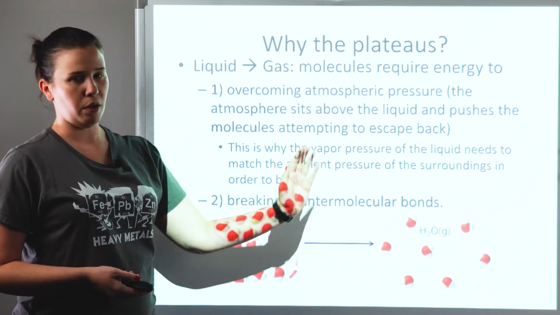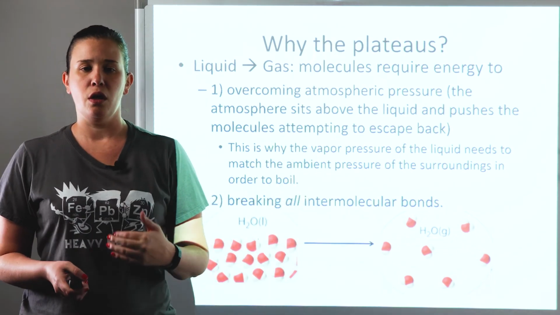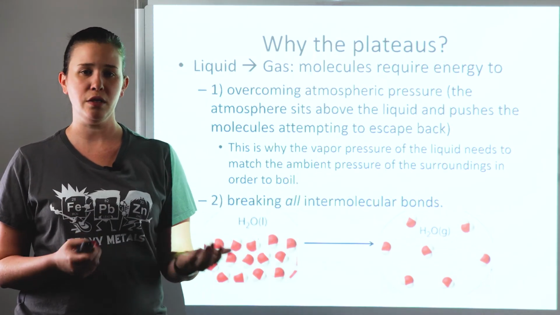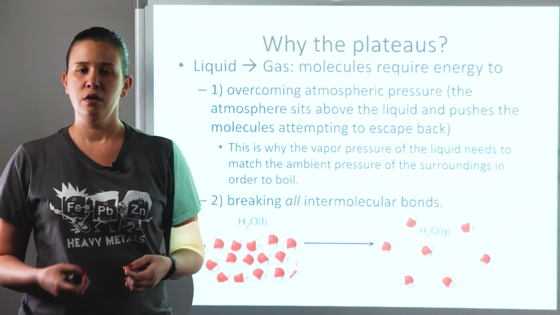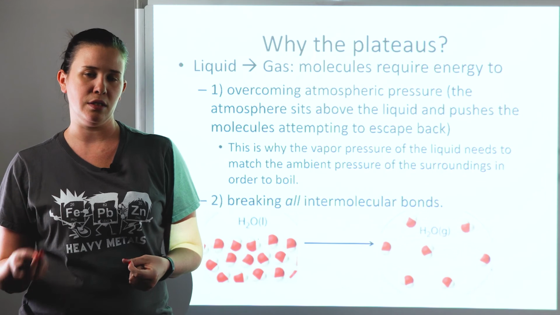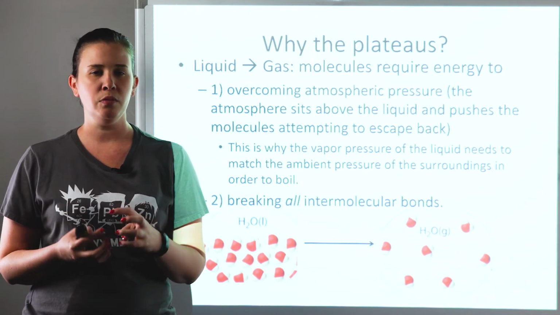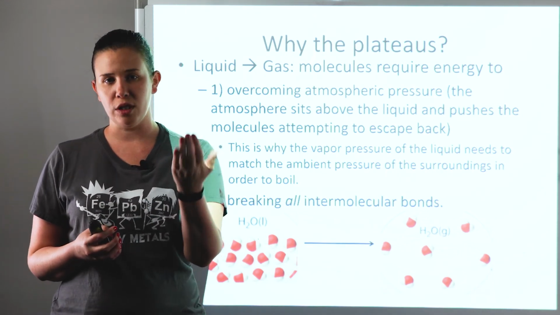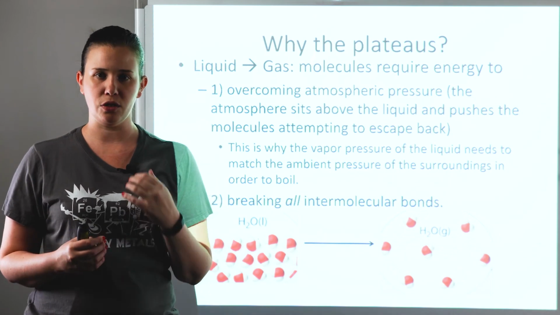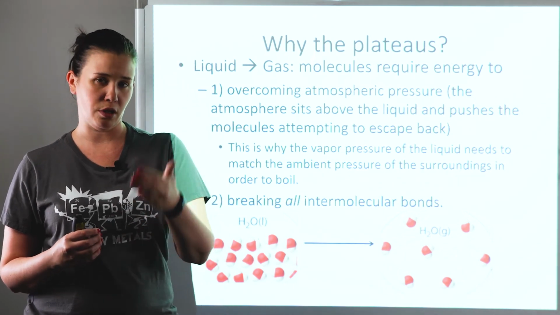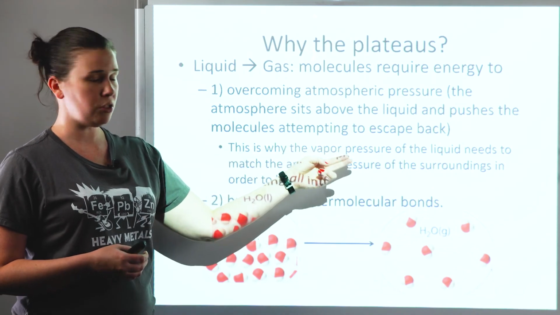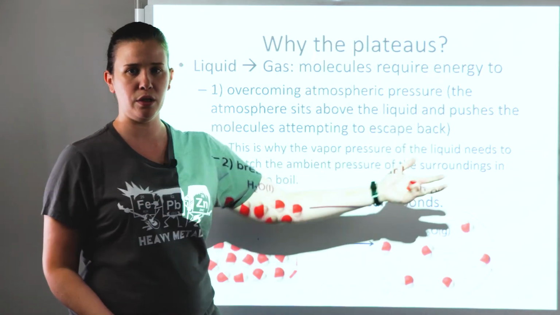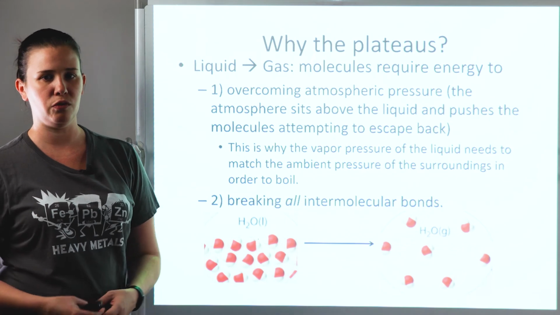So that's another reason why we need to make sure the particles are moving fast enough, because you may also remember vapor pressure is temperature dependent. The more heat that goes into the equilibrium system, the more gas to liquid ratio you would have, and so you would have more pressure coming from the gas. So you have an increase in vapor pressure until you can finally overcome the atmospheric pressure.